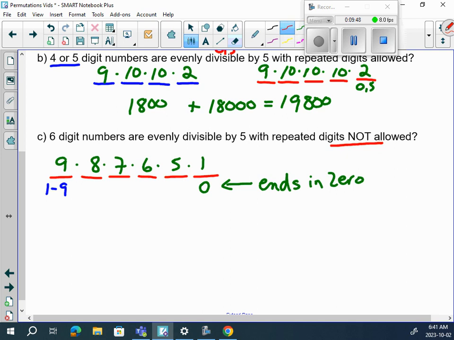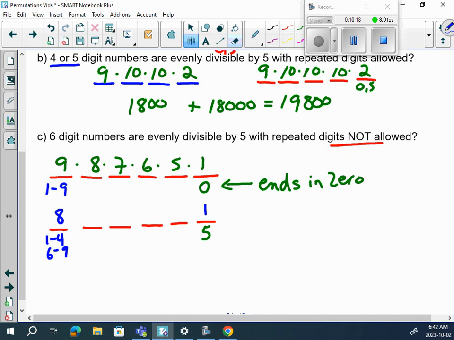And so I'll now have to do the exact same thing for ends in 5. Again, one possibility on the end. When I get to the front though, I'm going to have 1 through 4 available to me. The 5 has been used up. The 0 is not available. And 6 through 9. So there are 8 possibilities here.